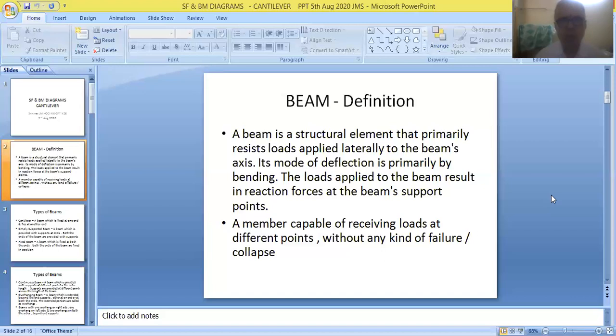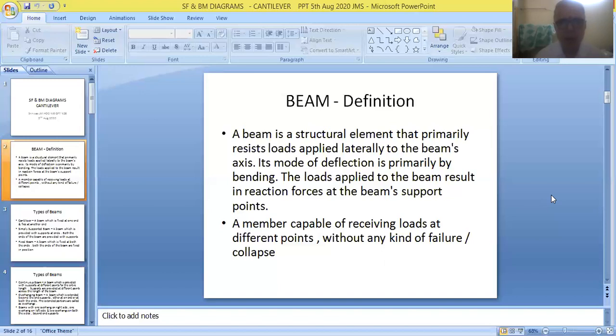So this element, the beam, must have capacity to withstand all the loads or different loads acting at different points on the beam. So we can see the second sentence.